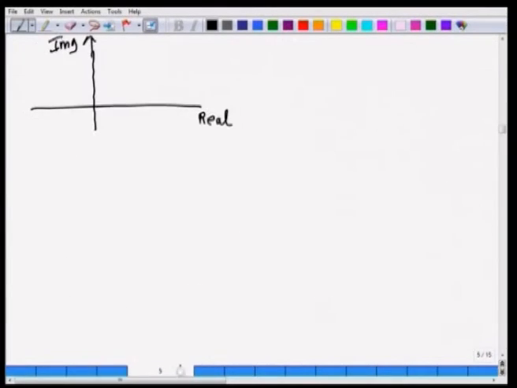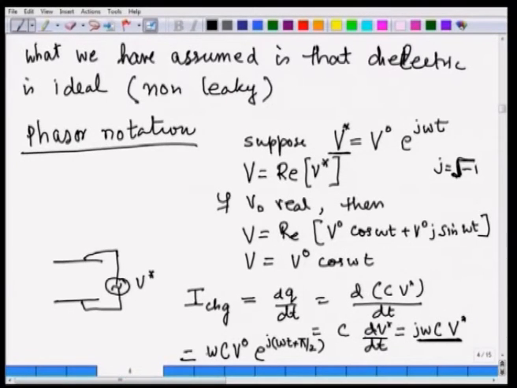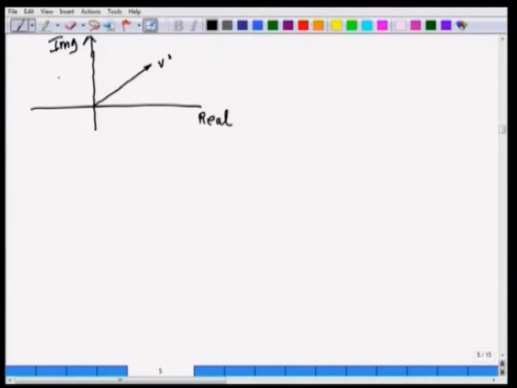So if I draw that, this is the voltage V star, and the charging current that I get would be pi by 2 off from this V0 phase, and hence I will draw the current I perpendicular to it. Meaning on this same plot I am plotting both current and voltage. So this is the current, this is for an ideal dielectric.